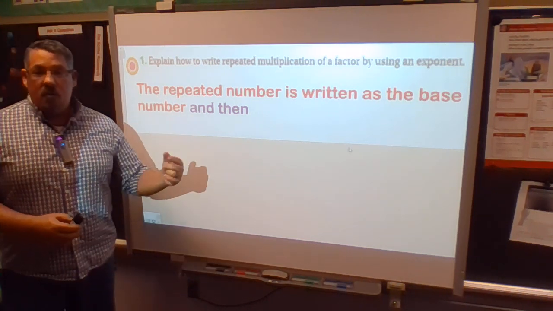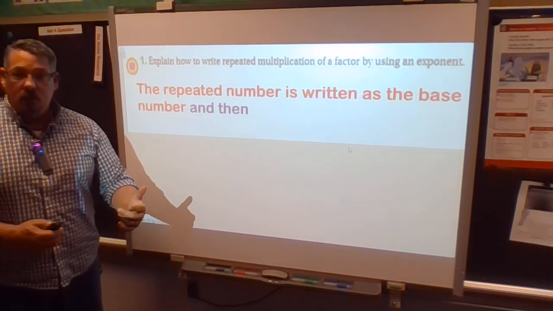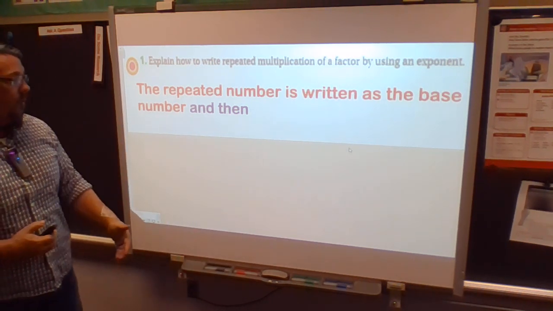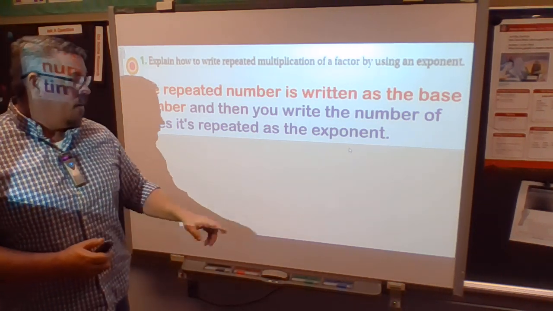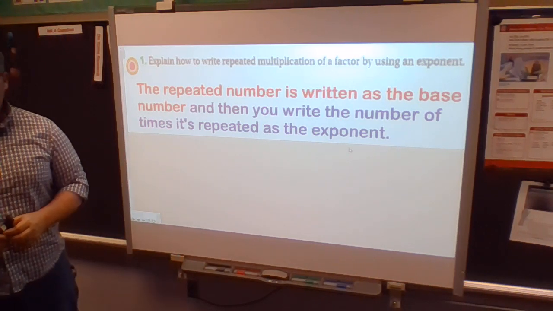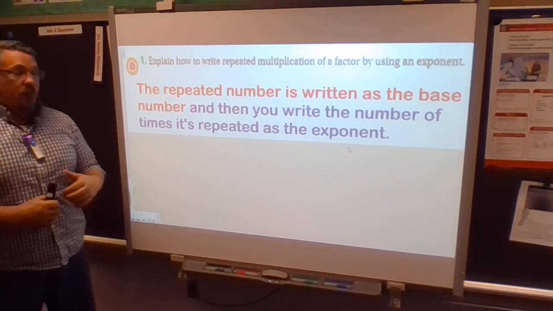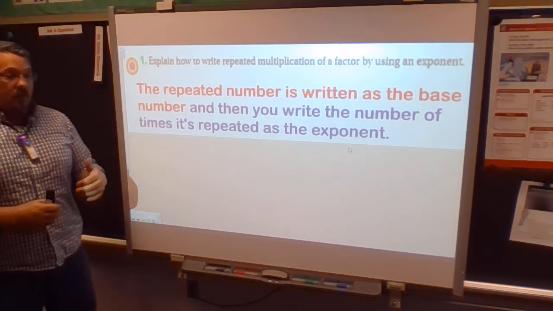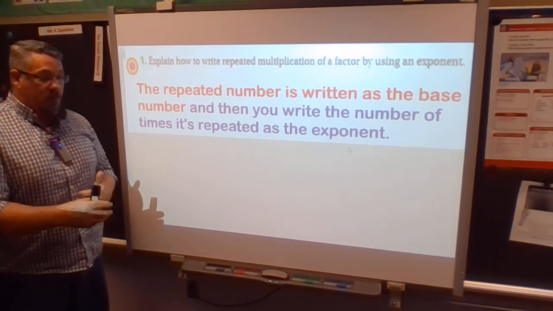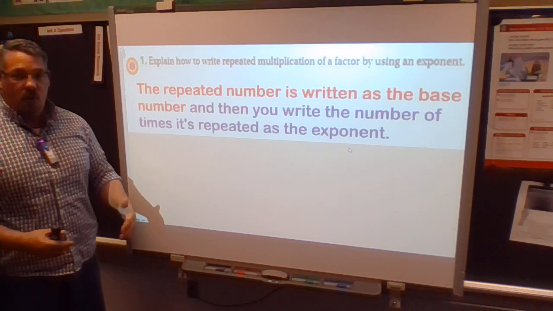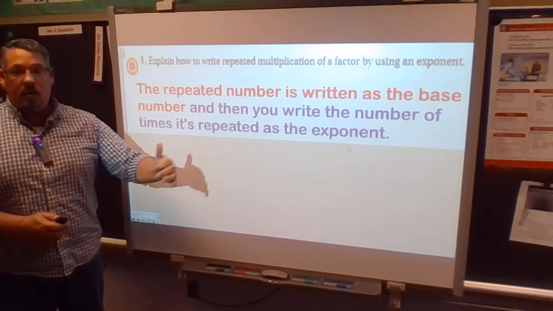Then I have to figure out the exponent, and you write the number of times it's repeated as the exponent. So if it's written 14 times, let's say it was 2 to the 14th power, I have 2 times 2 times 2 times 2 and so on, 14 times. So I have a base of 2 with an exponent of 14.